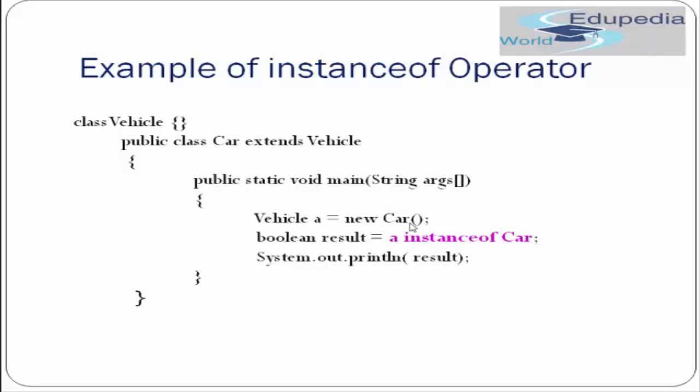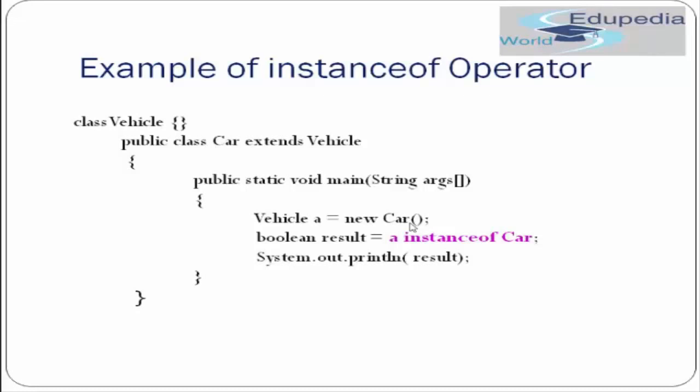The concept in Java is that your superclass reference can contain a subtype object. Here the superclass is Vehicle and the subtype is Car. So the superclass reference, that is a, can point to an object of a subtype.